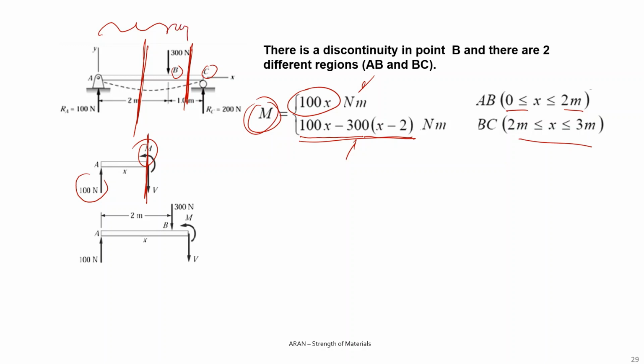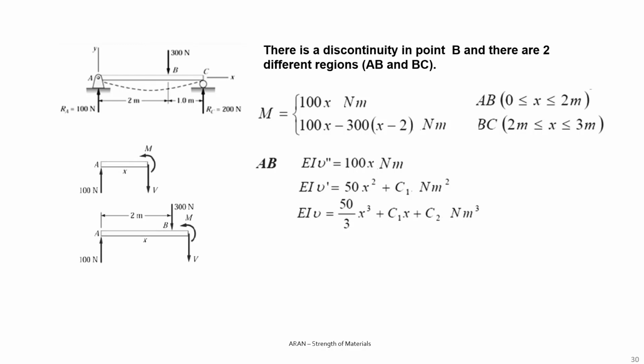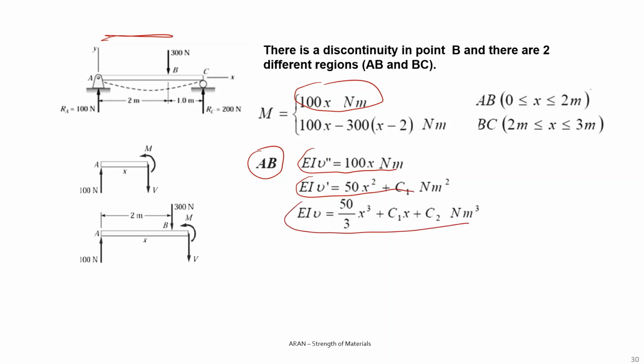Okay, now double integration for section AB. This is my M value, and starting with this first integration, then the second integration, you see we have two integration constants. This is done for AB.